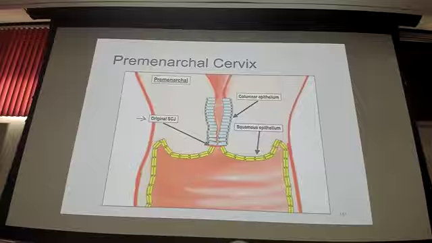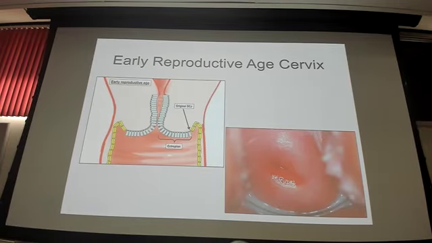So if for some reason you needed to do a speculum exam on a female that has not had a period yet, you would expect not to be able to see the squamocolumnar junction. And that would be normal, right? Okay. Is that clear? Okay. Now, you have an overwhelming estrogen burden.